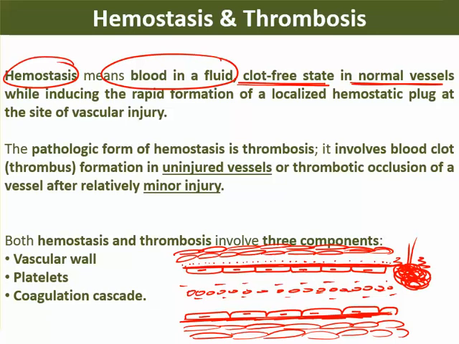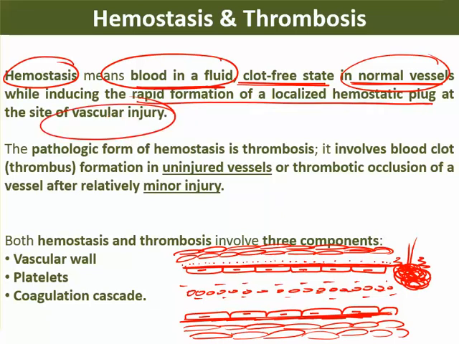Hemostasis means keeping the blood in a fluid state when the blood vessels are normal, and if there is injury, then there will be rapid formation of clot. In pathology, the clot is called a hemostatic plug.